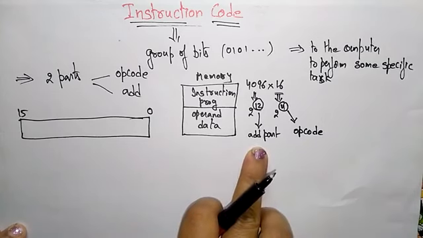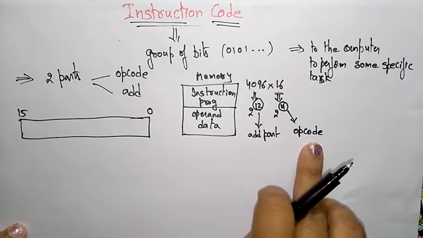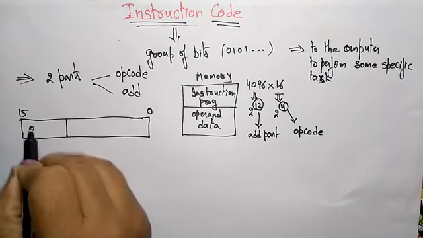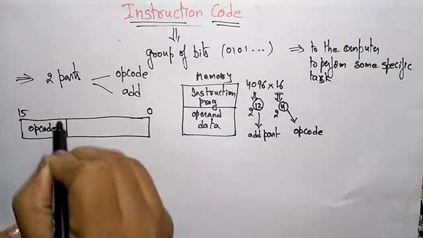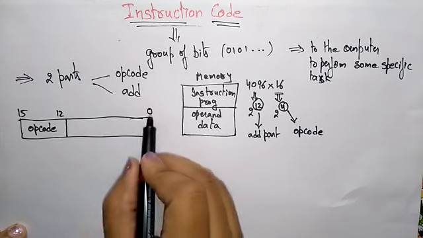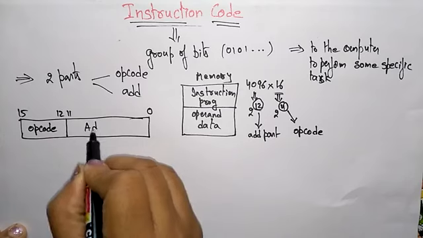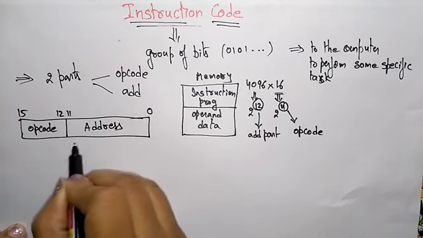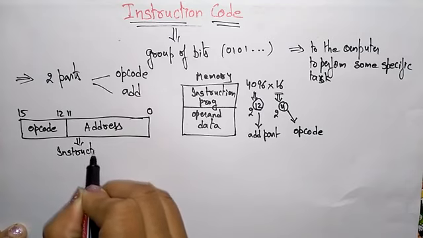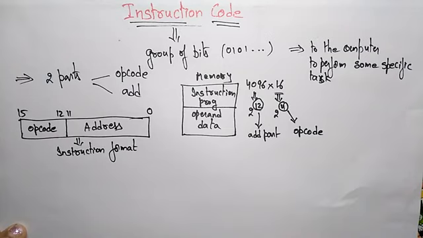So the instruction code will be divided into two parts: the address part and the opcode. The 4 bits, 15 to 12, specify the opcode, and the remaining 12 bits, 0 to 11, specify the address part. This is the instruction format.